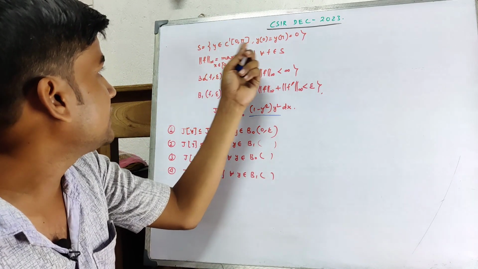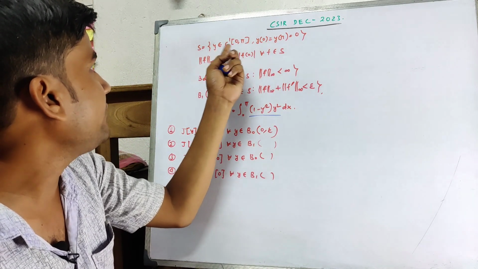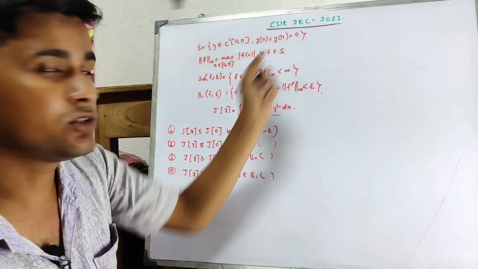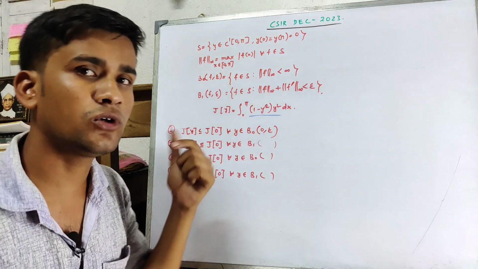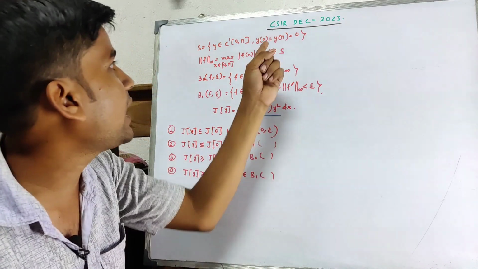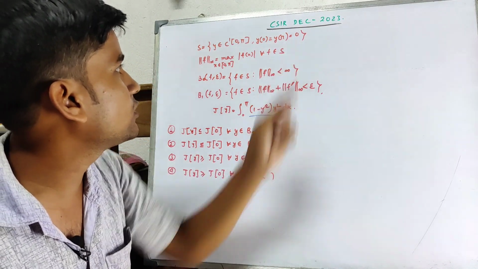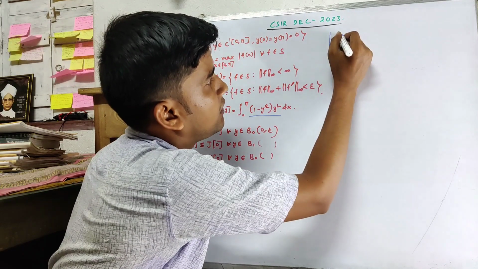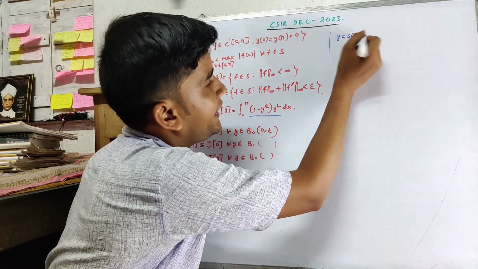Okay, so see the set S. y belongs to C1 on 0 to pi, and y0 equal to y pi. So what function comes to your mind if you see that y0 equal to y pi equal to 0? The first thing that comes to mind, I think, is y equal to sine of x.